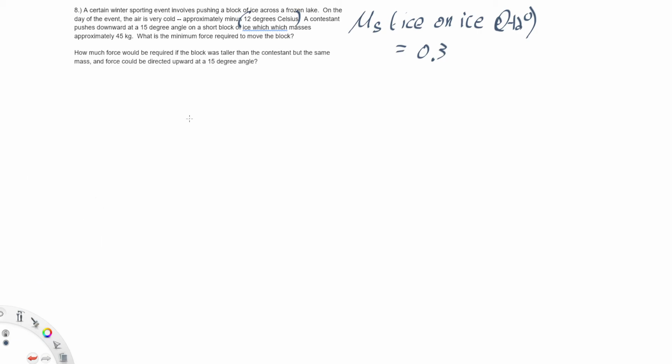Okay, so our picture looks something like this. Block of ice, frozen lake, and you are pushing down on it like so, with a declination of 15 degrees.